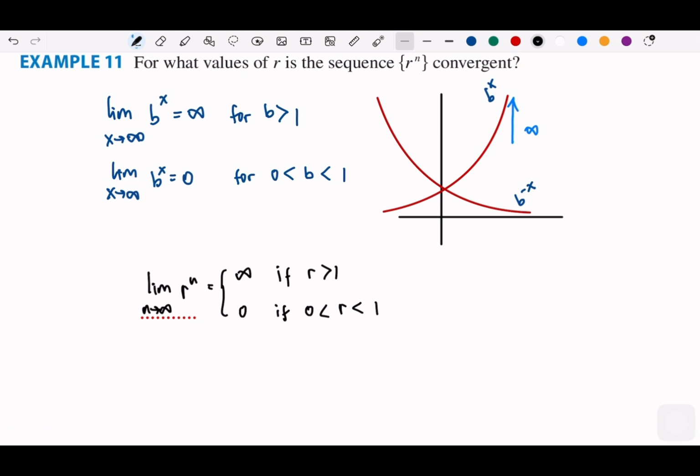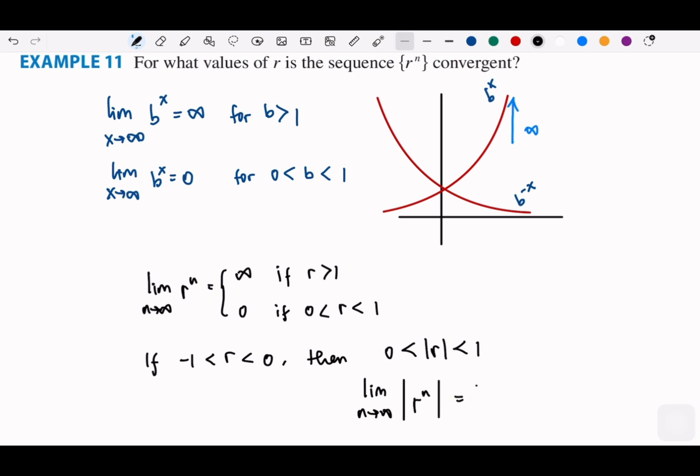And then if we take negative 1 less than r less than 0, then we could take the absolute value and we switch this 0 and 1. So we can have the limit, which is going to be 0 as we did in previous slides.